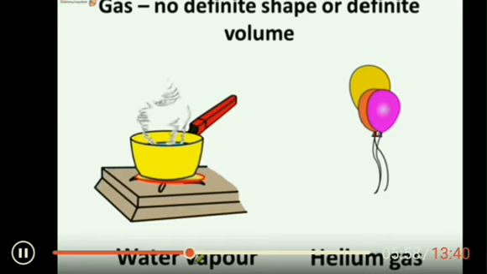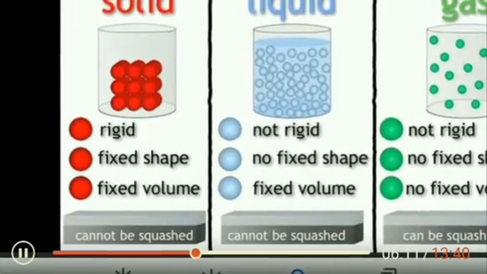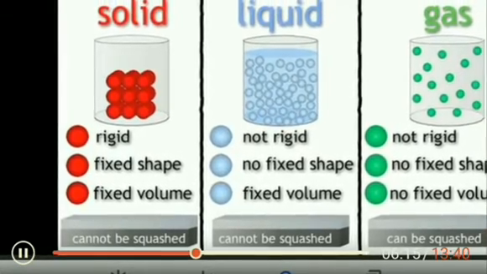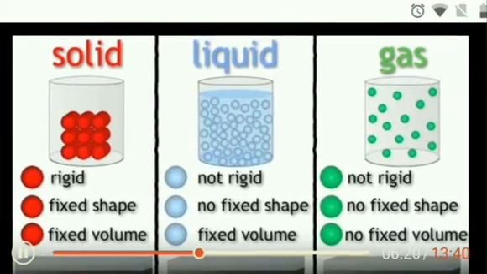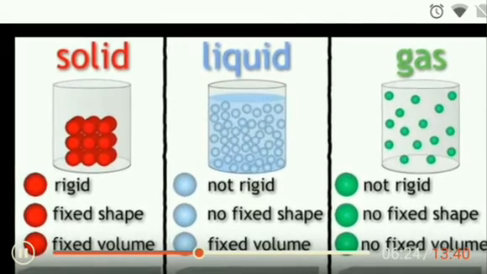They do not have definite shape or definite volume. Solid is rigid, whereas liquid and gas are not rigid. Solids have fixed shape, whereas liquids and gas have no fixed shape. Solids and liquid have fixed volume.